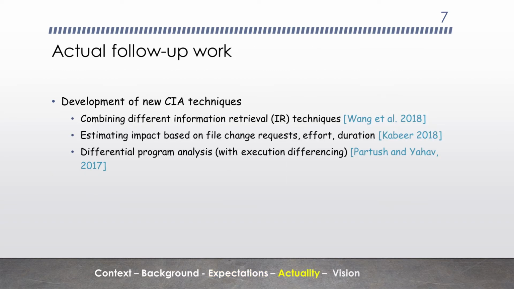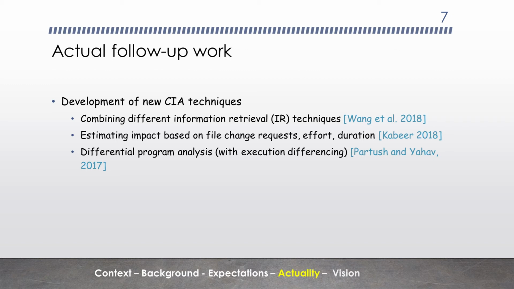Looking back now, we noticed that there have been two lines of work that actually followed up the paper. The line of developing new CIA techniques, for instance, includes a new solution combining varied information retrieval techniques proposed by Wang et al. in 2018.